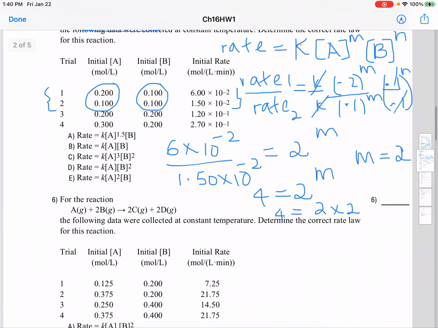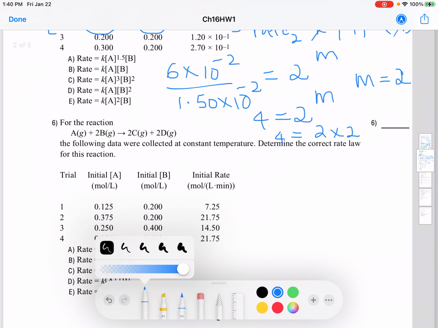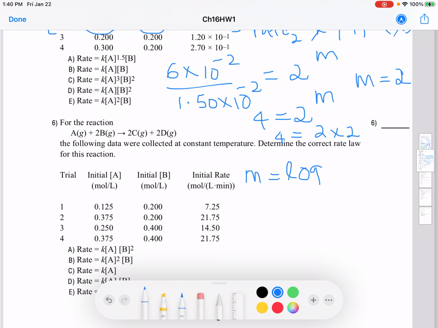And if you don't see this right away, you can use the log. Remember, we learned about the log. So you can use m equals log 4 over log 2. What is log 4?